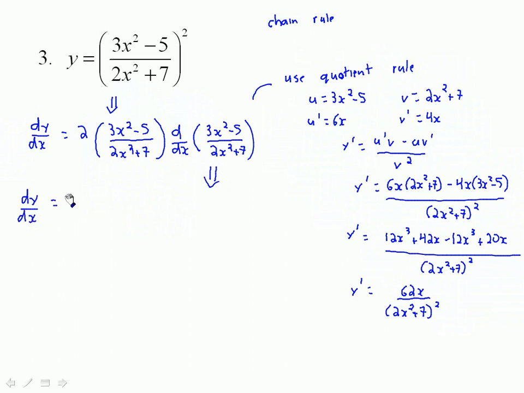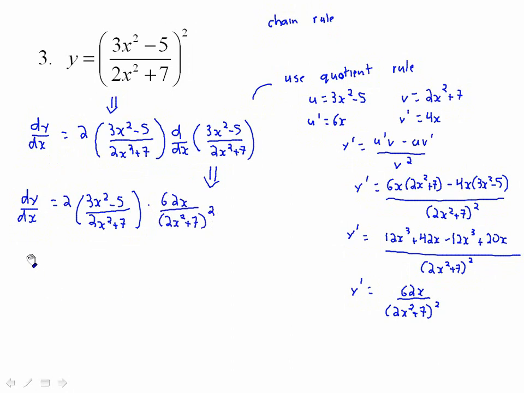So dy dx is equal to 2 multiplied by 3x squared minus 5 over 2x squared plus 7 times 62x over 2x squared plus 7 to the 2. And then we look for the final cleanup on this one.